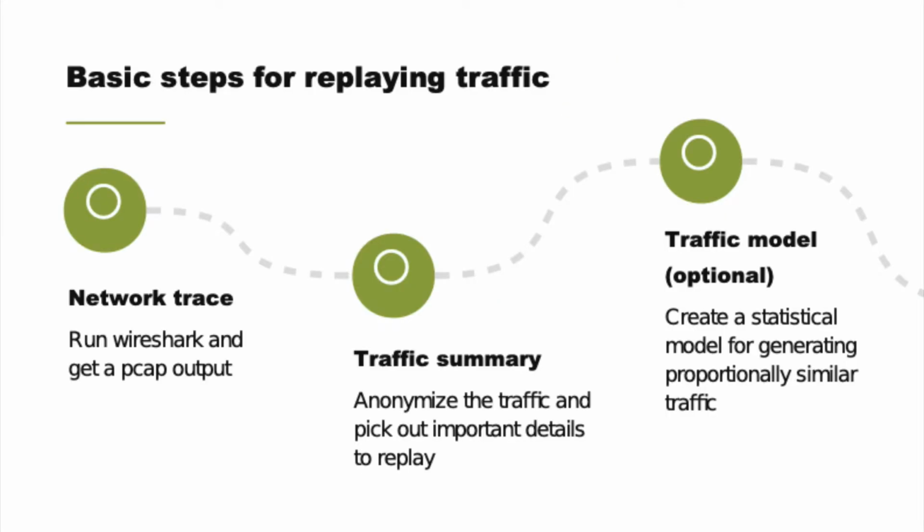Basically how you replay the traffic is we take a network trace, you get a PCAP output, you then run a script on top of it. I think it's a Perl script that summarizes the traffic, takes out all of the identifiable details about the machines and things like that, and then gets most of the main protocol details that it can choose to replay later.